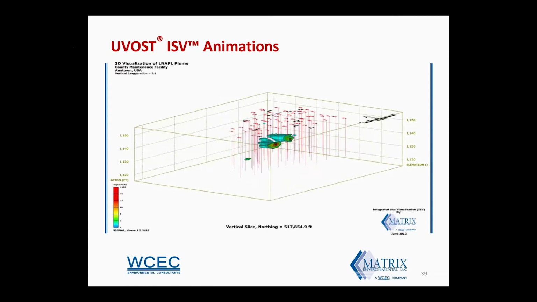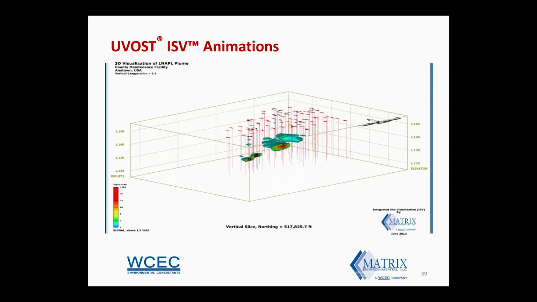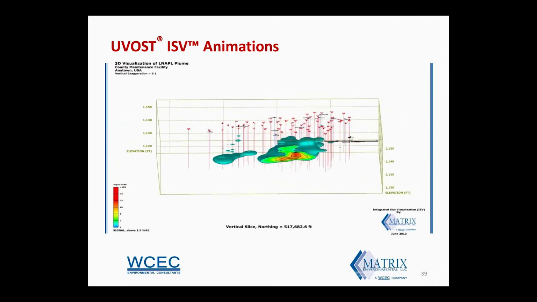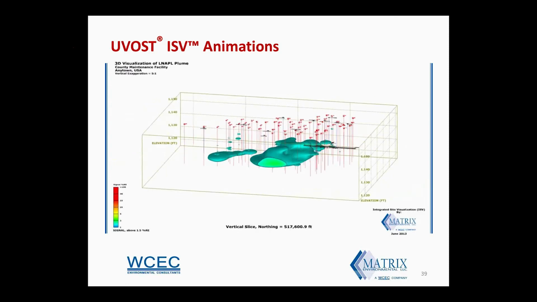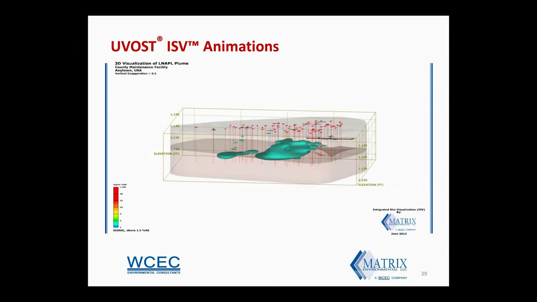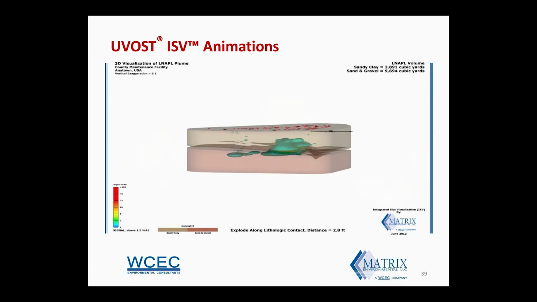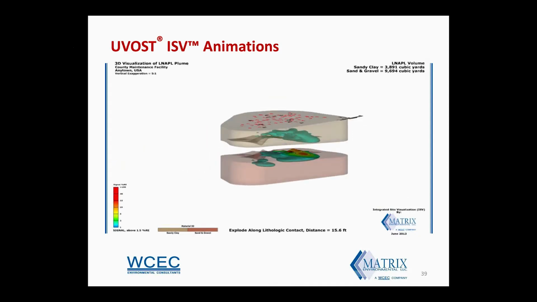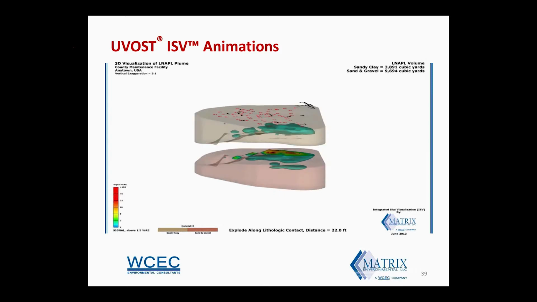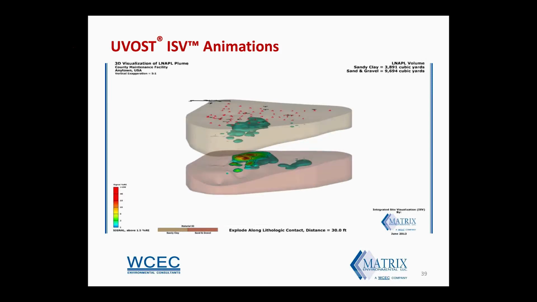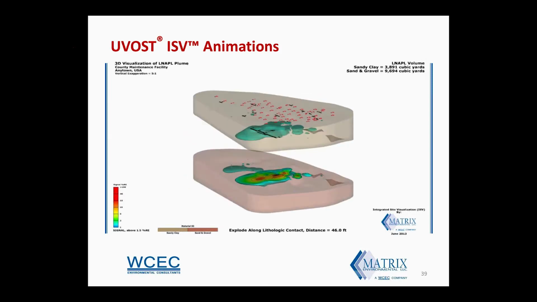This is a similar view that is cutting horizontally, so this is kind of like a moving cross section. Now we'll explode the plume at that geologic interface, at that horizon change.